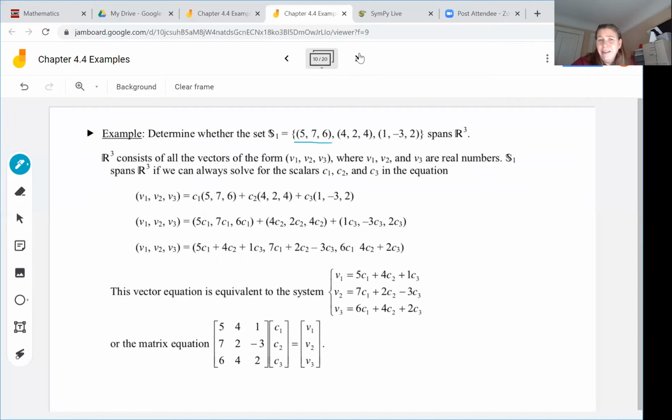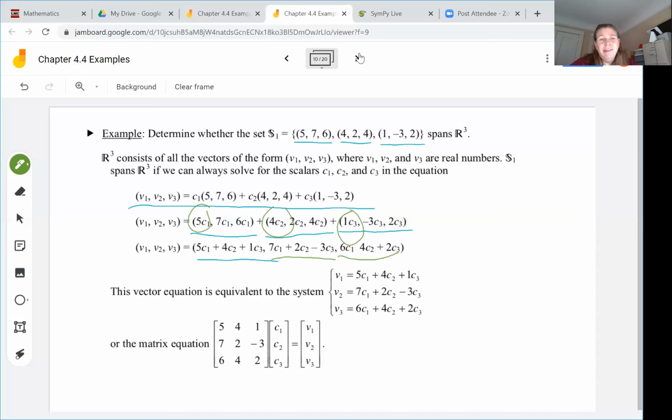So pulling out the first elements from each of these vectors, we get 5c1 plus 4c2 plus 1c3. Similarly, pulling out the second elements, we get 7c1 plus 2c2 minus 3c3 in the second position. And then pulling out the third elements, we get in the third position 6c1 plus 4c2 plus 2c3.